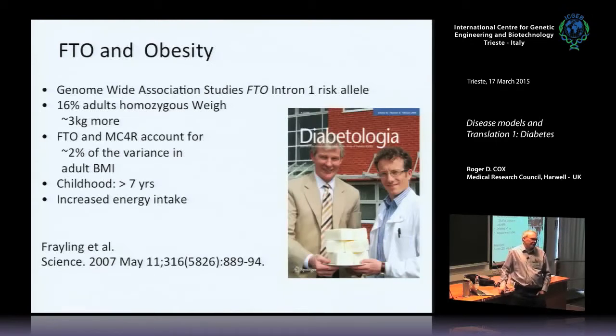FTO and another variant in another gene directly involved in obesity account for about 2% of the variance in adult BMI in the population. The effects of FTO can be seen from 7 years of age in terms of BMI, and it's associated quite clearly in the human population with increased energy intake, so food intake. And this is Andrew Hattersley and Tim Frayling, who are key to this work.